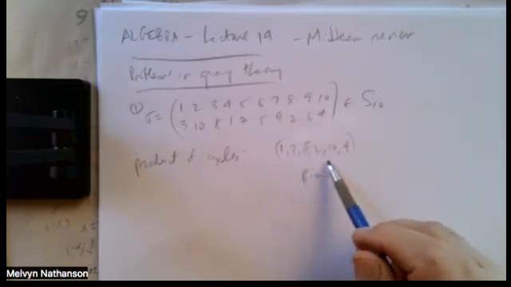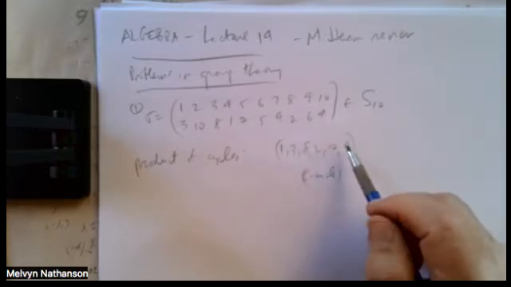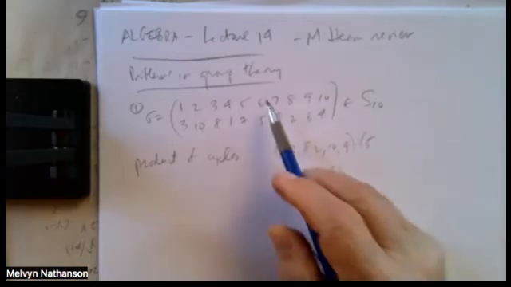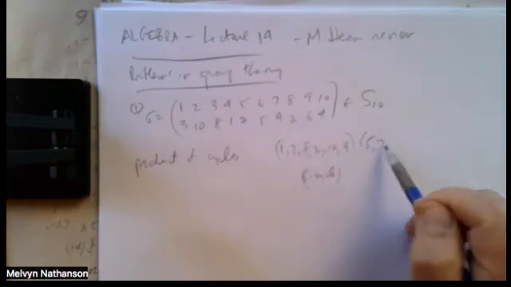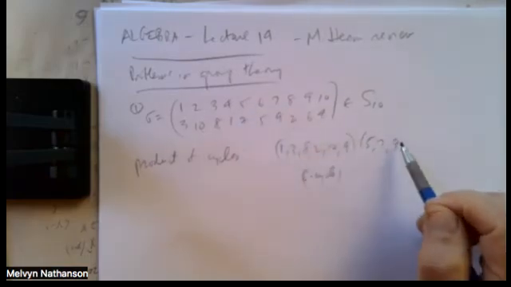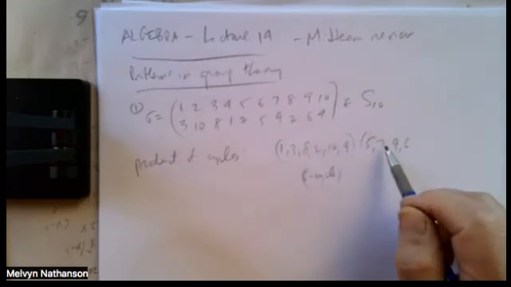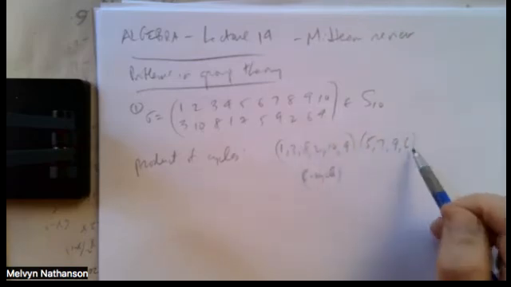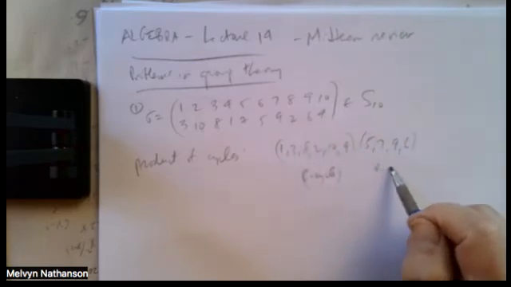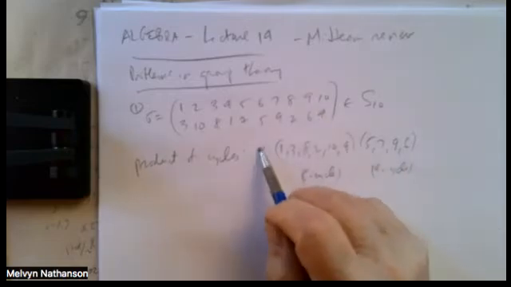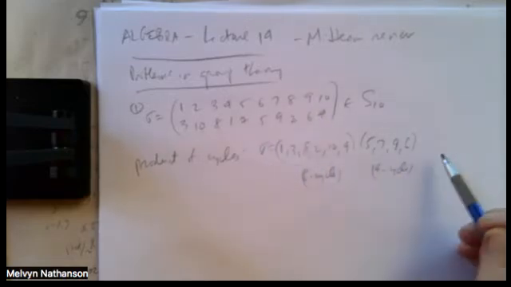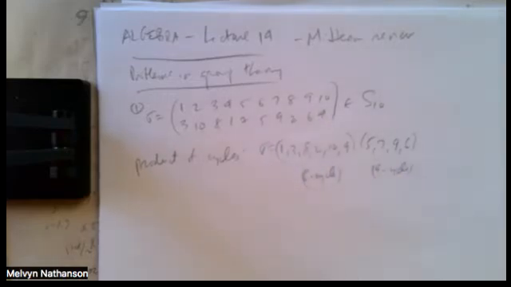I haven't used the number 5 yet, so let me see what happens with 5. 5 goes to 7, 7 goes to 9, 9 goes to 6, and 6 goes back to 5. So this is a 4 cycle. And sigma is the product of these 2 cycles.